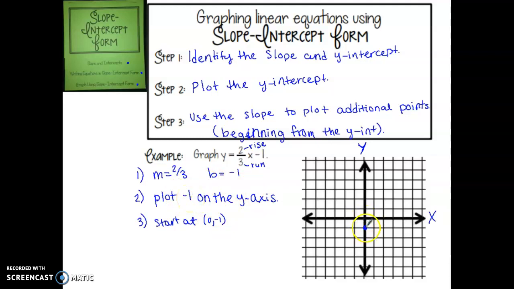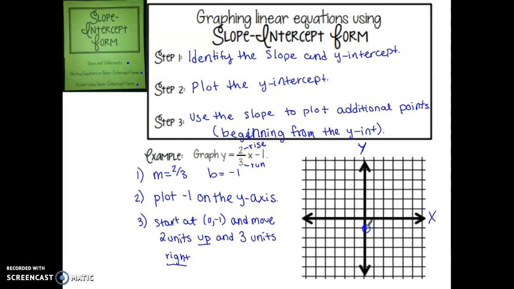Because this point right here is 0, -1, and first we have to rise 2 units up and 3 units to the right. Because both my 2 and 3 are positive numbers, we're going to go up and to the right because those are associated with positive movements.